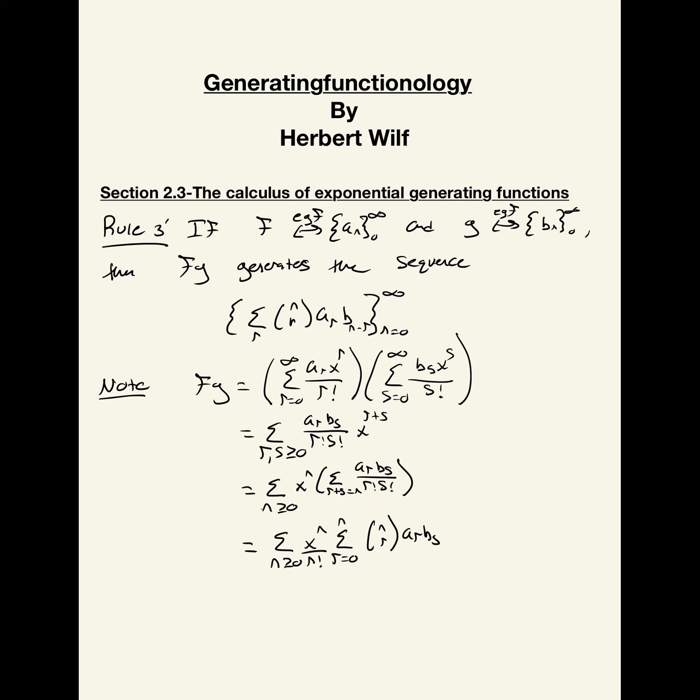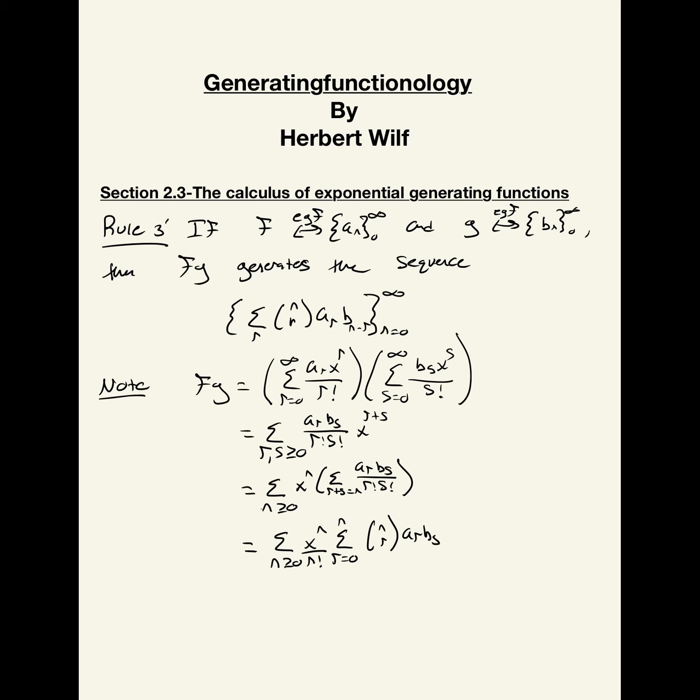And now we're going to turn this into n choose r. We don't have an n factorial in the numerator, so we're going to have to divide that out at the end, but we actually want that to happen because we want this to be an exponential generating function for something.